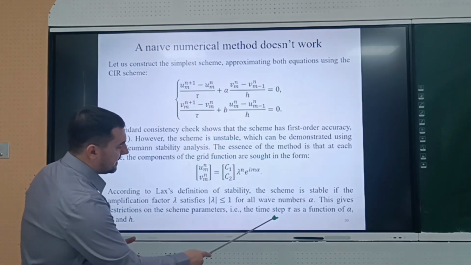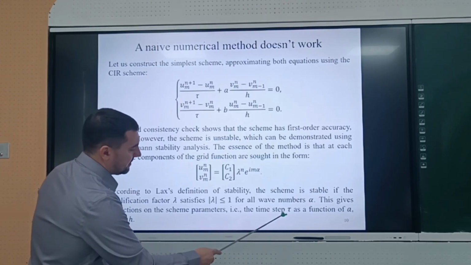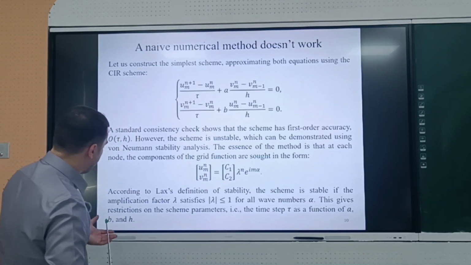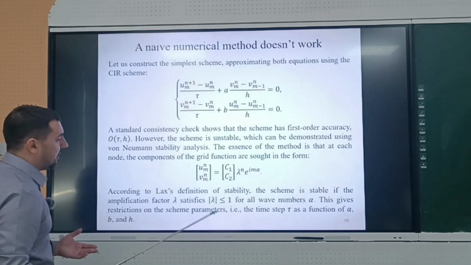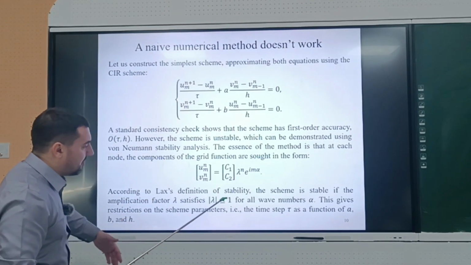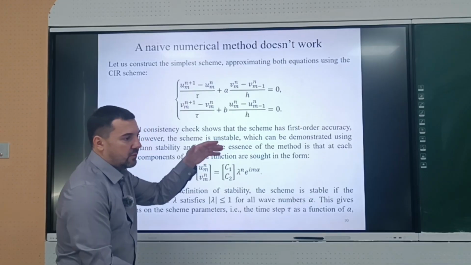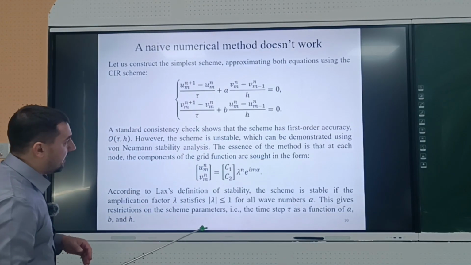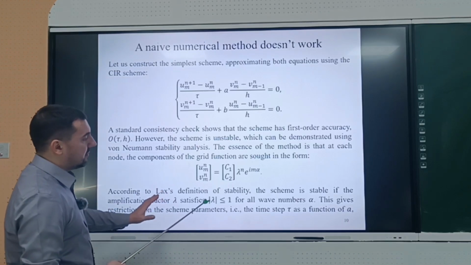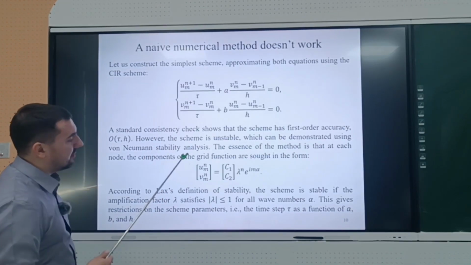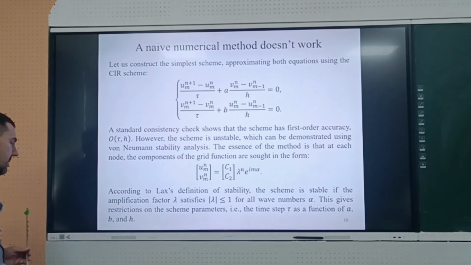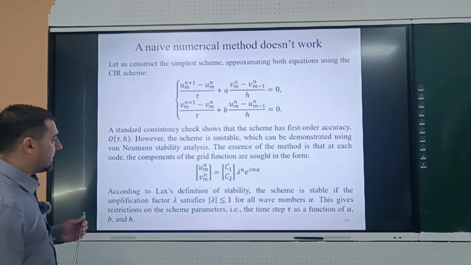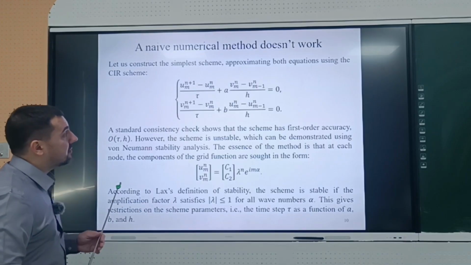The most important is that we try to find the time step tau as a function of alpha, a, b, and h, in such a manner that the amplitude of our solution should not grow in time. And it turns out that it's not possible to do here. So it means that this scheme is unstable with respect to initial data, and that is why the scheme should not be used.